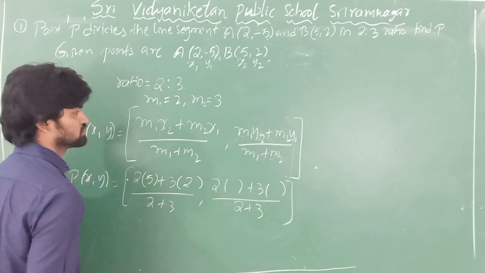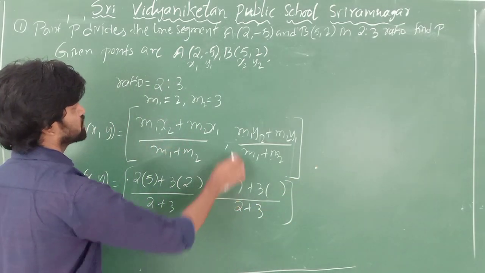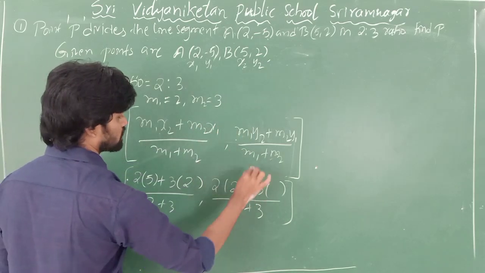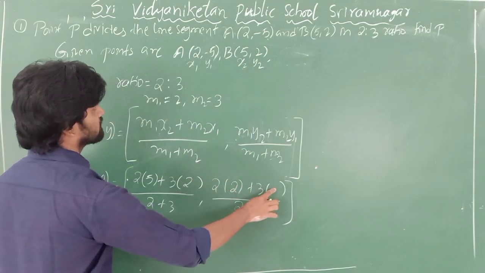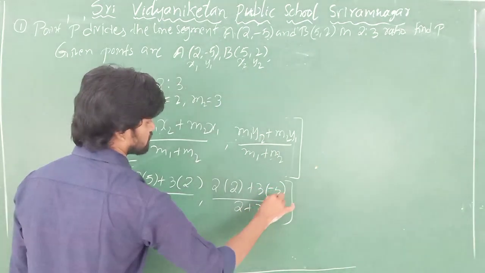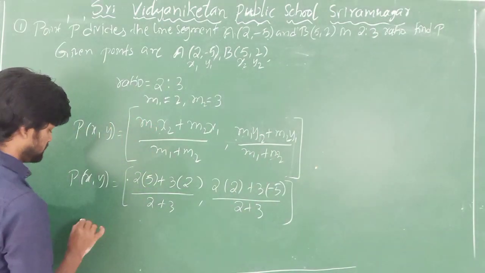Now substitute values. M1 y2, y2 is 2, M2 y1, y1 is minus 5. Now simplify it.